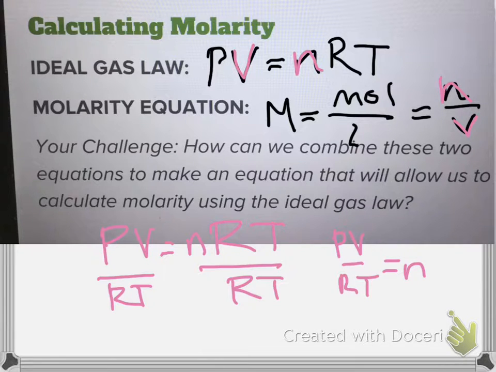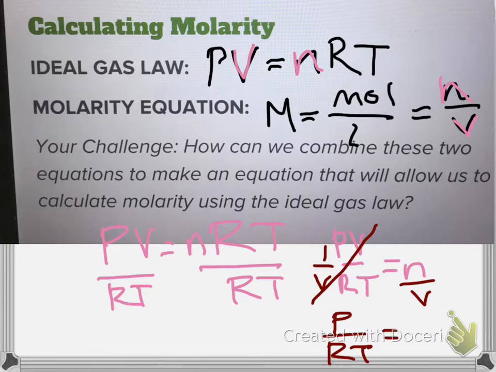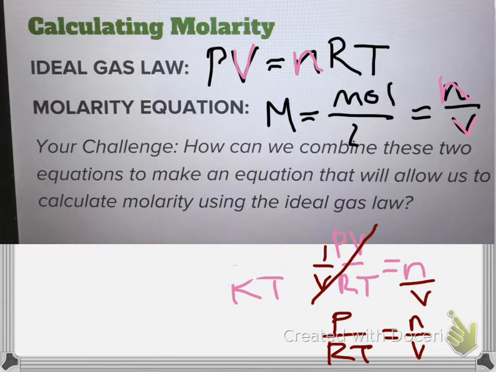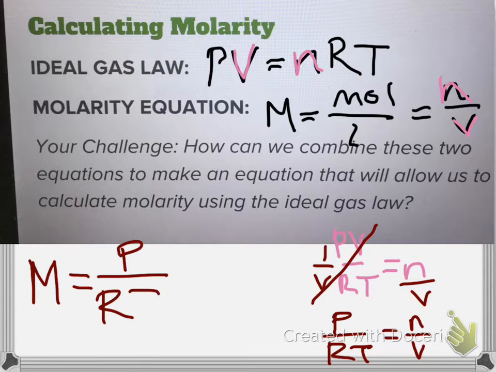Okay, so now if we divide both sides by V, that's 1 over V. Our volumes cancel out on that side. And now we have P over RT equals n over V. That n over V is the same thing as molarity. So we can write this as molarity equals P, pressure, over RT.